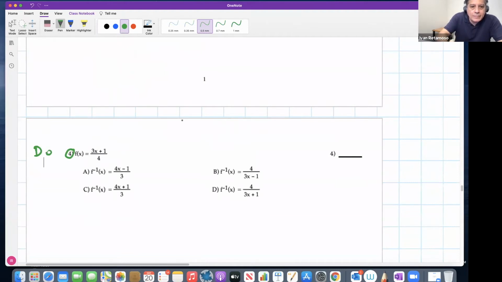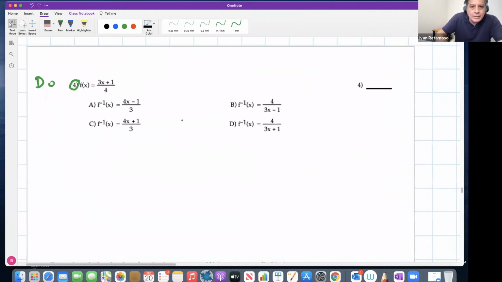Number 4 looks maybe more challenging. Can you figure out, following the steps, what is the inverse function of this function? Find f inverse is the question, right?